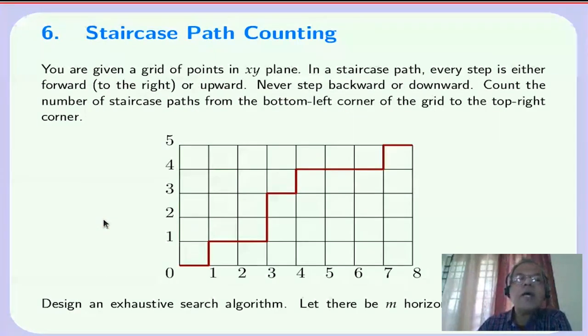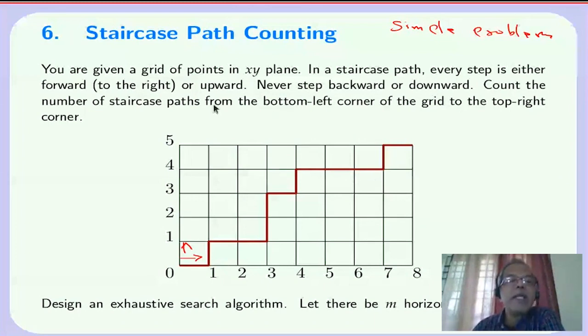A few other exercises, not related to these, simple problems. You are given a grid of points in the XY plane. In a staircase path, every step is either forward or upward, to the right or up. Never step backward or downward. Count the number of staircase paths from the bottom left corner here to the top right corner here.